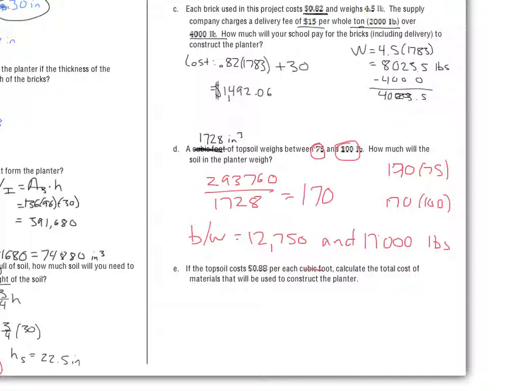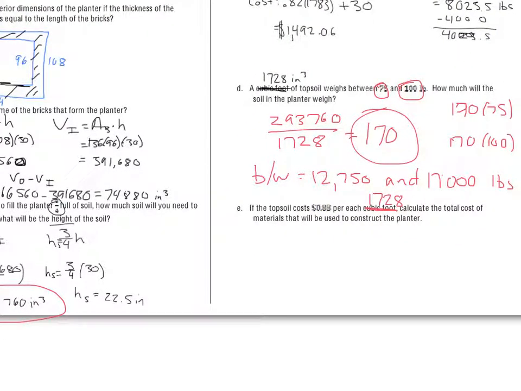So again, this cubic foot is the same thing as these 1,728s, which we know there are 170 of these cubic feet. So that's 170. But it also wants the total cost of the planter material. So we already know it's $1,492.06 for the bricks and the brick delivery. But plus we also need 88 cents times the 170 of these cubic feet that we have calculated over here.